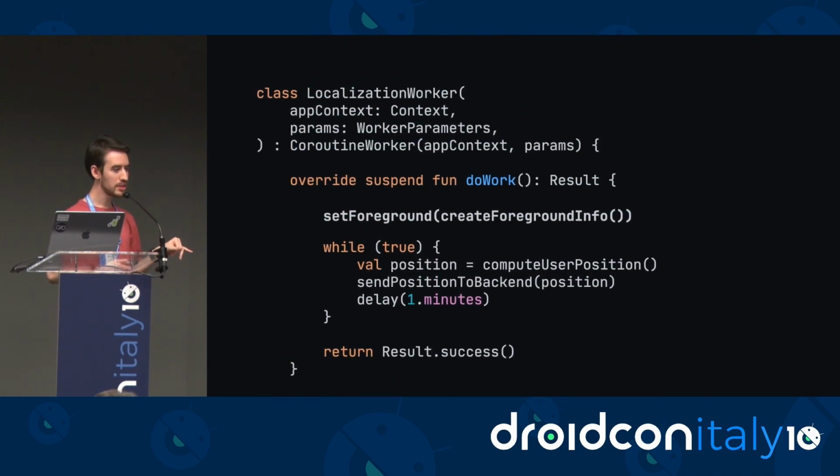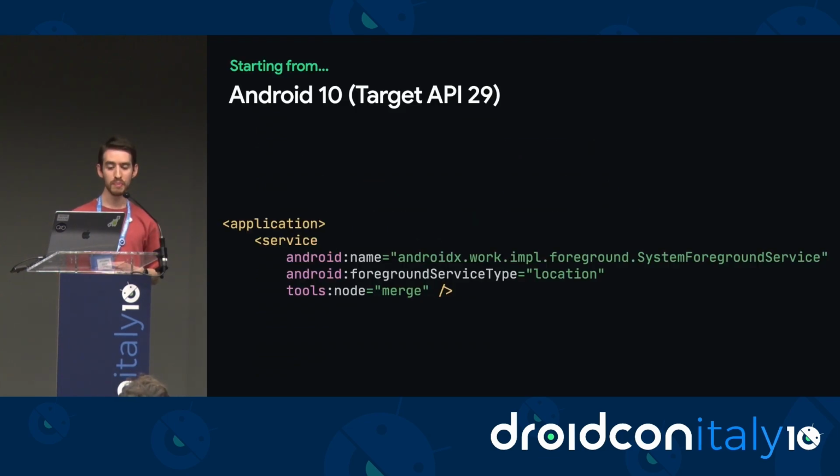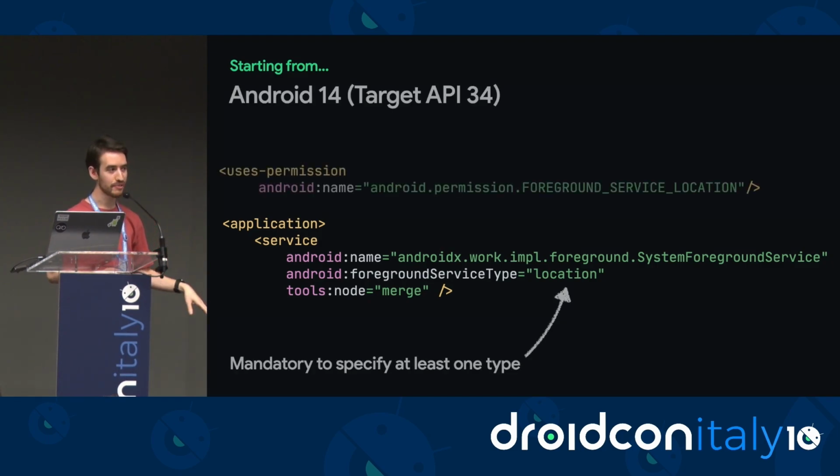There have been a few API changes in recent years about foreground services. Starting from Android 10, you have to declare in your manifest if your service uses dangerous permissions, for example microphone or location. This has changed with the latest version of Android, so now you have to declare everything.